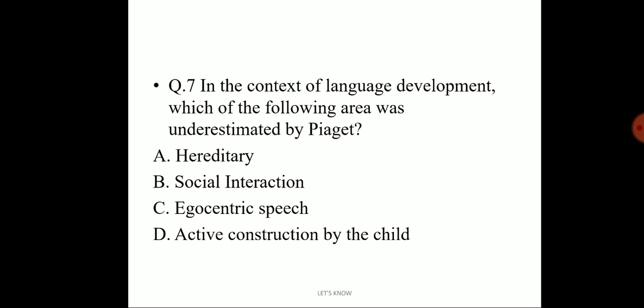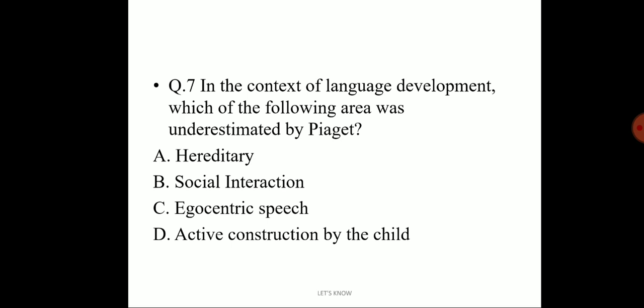In the context of language development, which of the following areas was underestimated by Piaget? We have already gone through Piaget's theory. He says the developmental factors are, first, biological maturity, that means heredity, and environmental factors. Here the options are given: A, heredity, B, social interaction, C, egocentric speech, and D, active construction by the child.